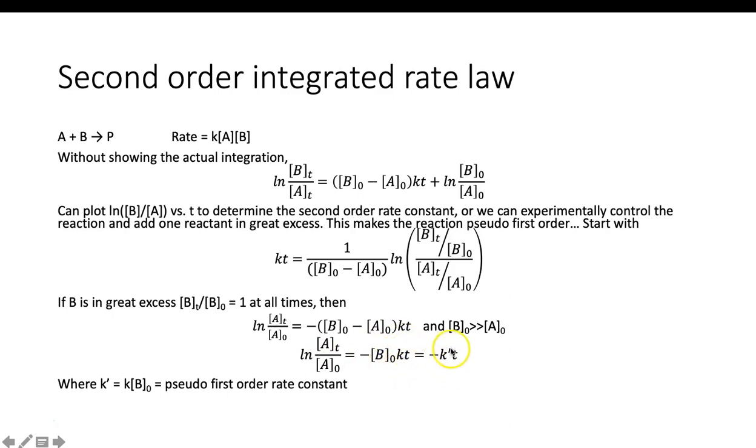If we combine those together, you get what is a pseudo first order rate constant, which you can use to pull out the original second order rate constant, because you know how much B you started with. But this is an example of how, because kinetics is so empirical, you can manipulate how you measure the kinetics by manipulating your reaction. And so until next time.